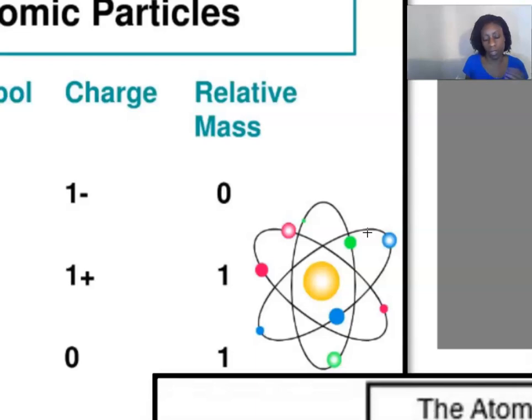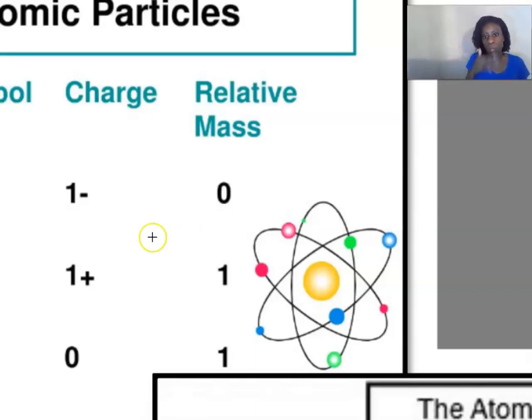So we use a unit called the Dalton for atoms and subatomic particles. It's also called the atomic mass unit, or AMU. Sometimes you'll see 1 AMU, and that's talking about the atomic mass unit. It's the same as the Dalton.